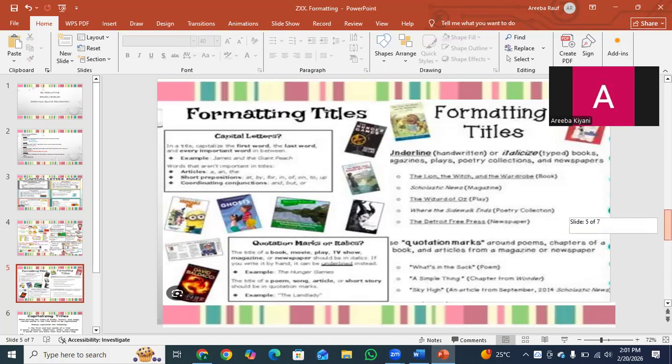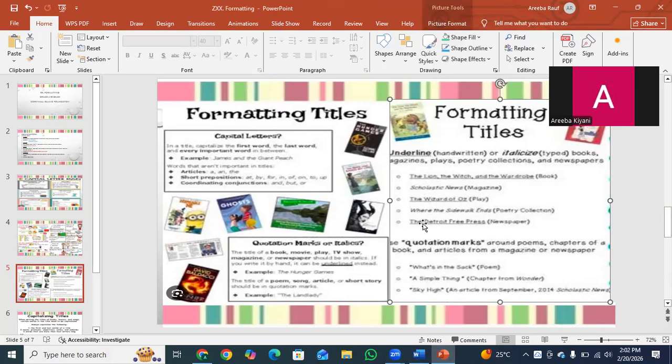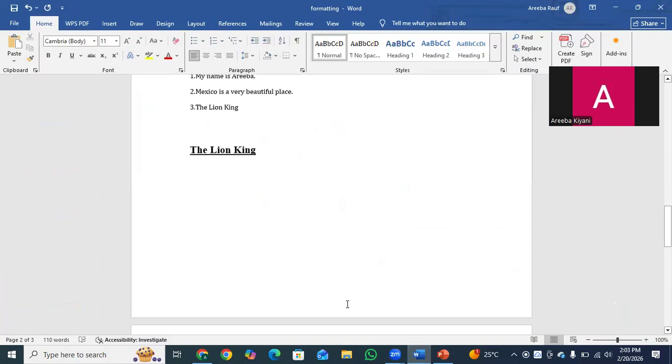Here's an example. Let's have an example where I put the quotation marks.